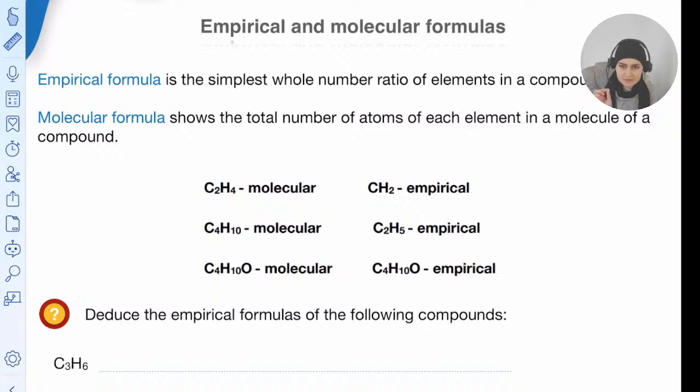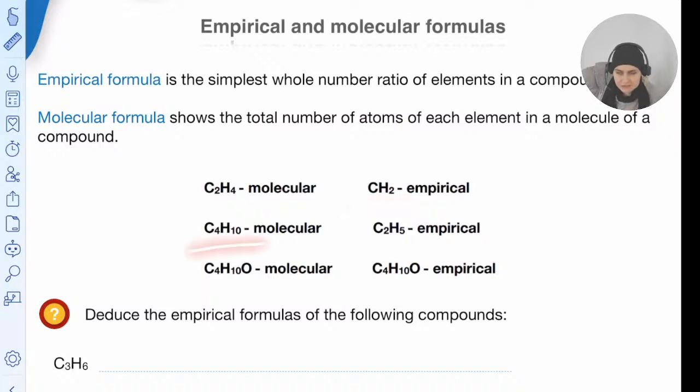And to find the empirical formula for this molecule, you need to cancel the indices out by some number to get the smallest possible numbers. So you can cancel them out by 2, right? So you can divide 2 and 4 by 2, and so you'd get 1 and 2. 1 you don't have to write, so CH2 is the empirical formula.